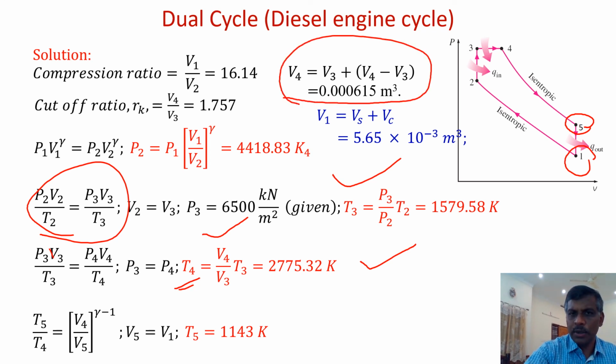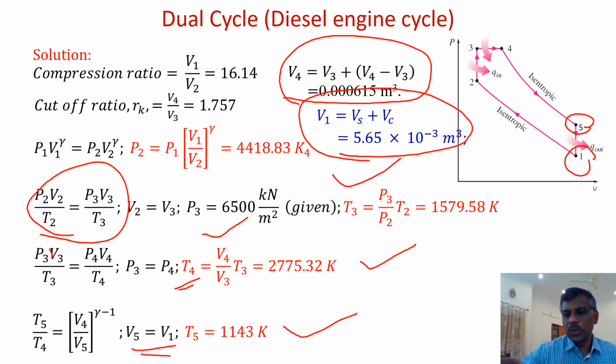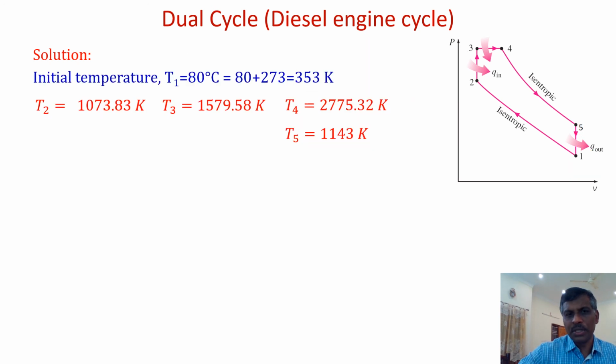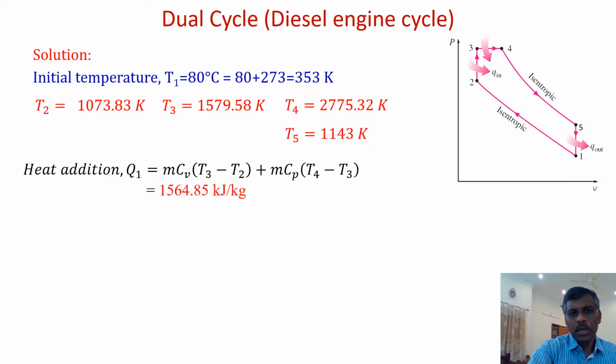V1 is stroke volume plus clearance volume, which we have calculated here. So it is V4 by V1 instead of V5. By that you can calculate T5. Once all the temperatures are known, that becomes very simple. T1 is given, and you have calculated 2, 3, 4 and 5 one by one.